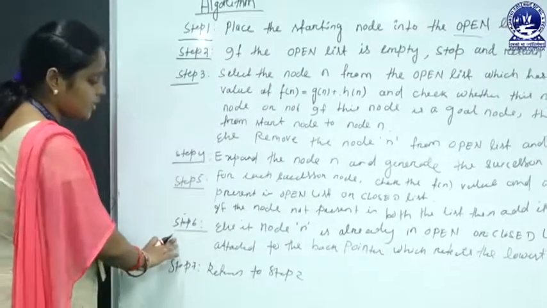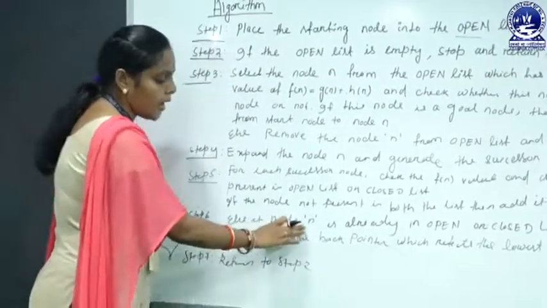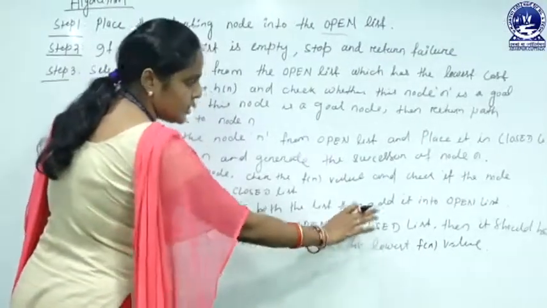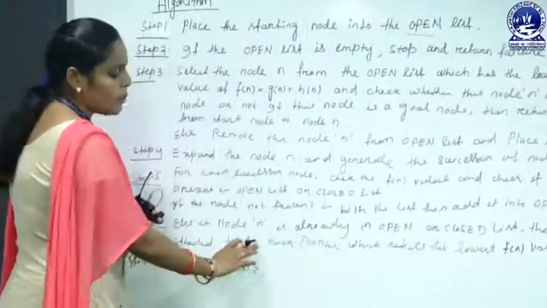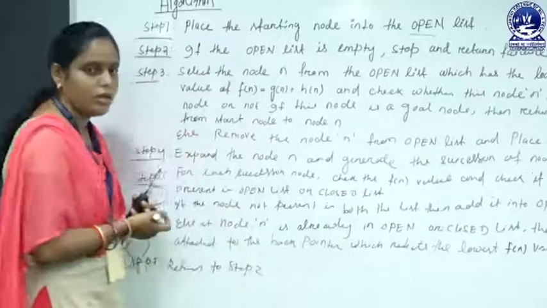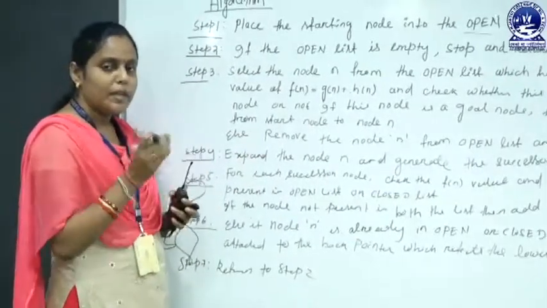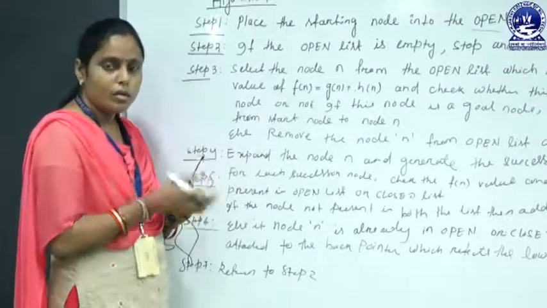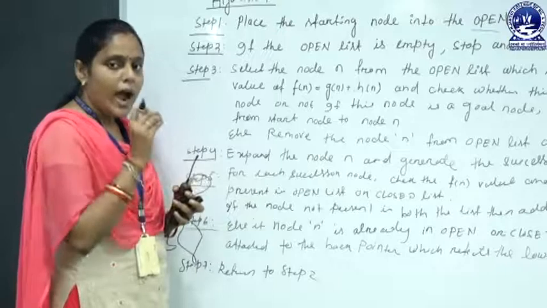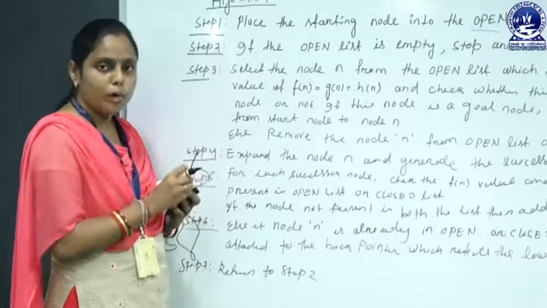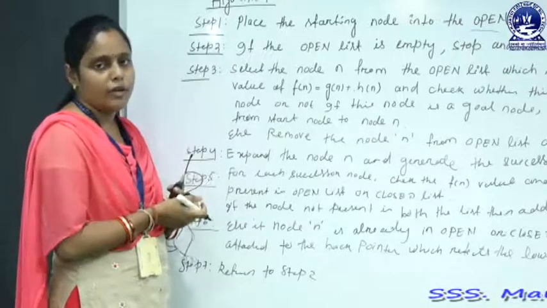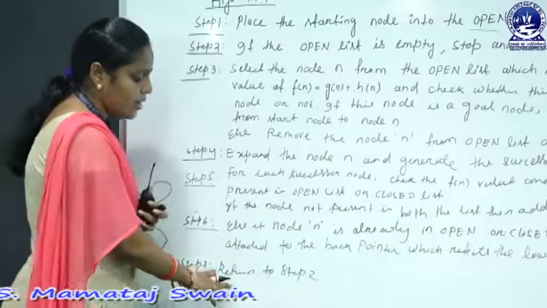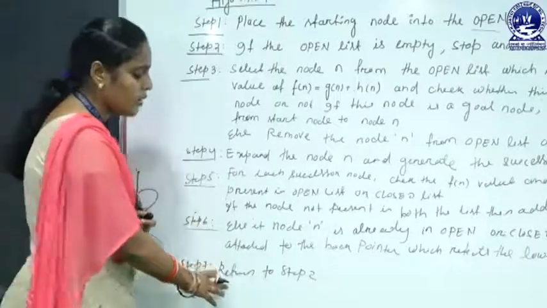Then step 6. If the successor node is already in the open list or closed list, then it should be attached to the back pointer which reflects the lowest evaluation function cost. Then step 7 is to return to step 2.